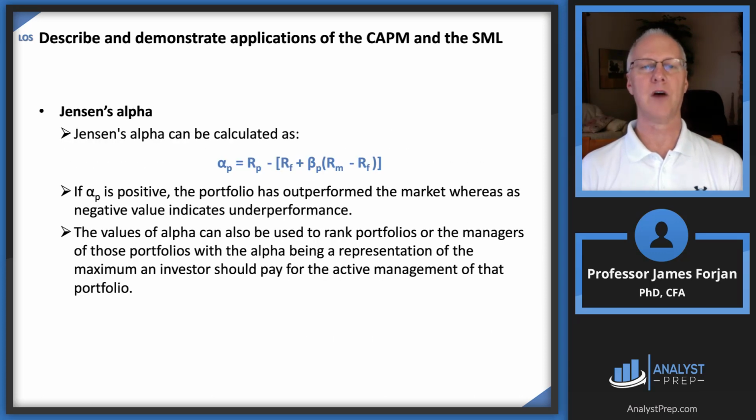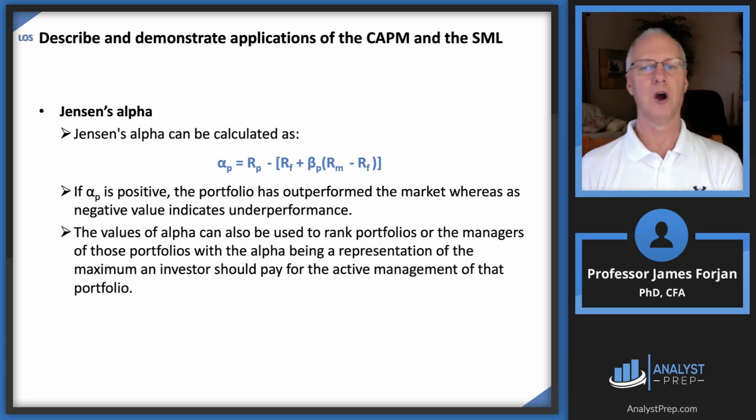And then Jensen's alpha will probably be our last one here of this application of the couple of slides before this. Jensen's alpha, I want you to think about this in terms of its big picture. I'm a big picture guy all the time. Think about it this way. Jensen's alpha is the actual return on the portfolio. That's what that R sub P means. Minus, and look what's in the brackets there. Boy, what does that look like?